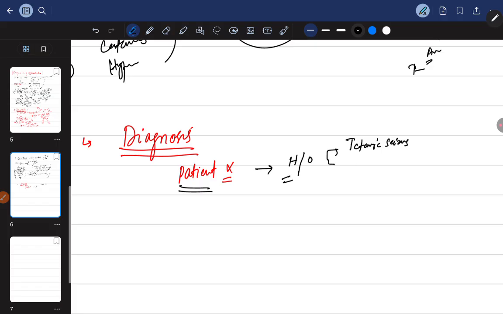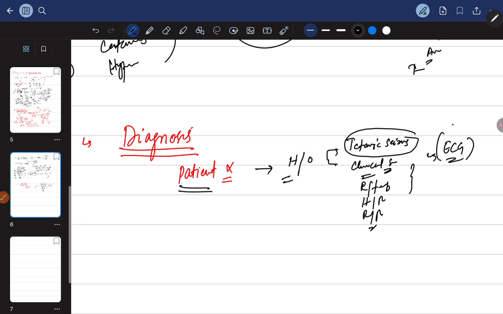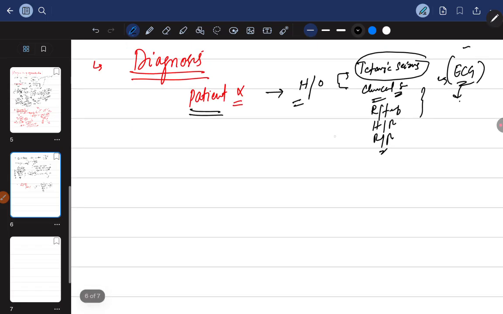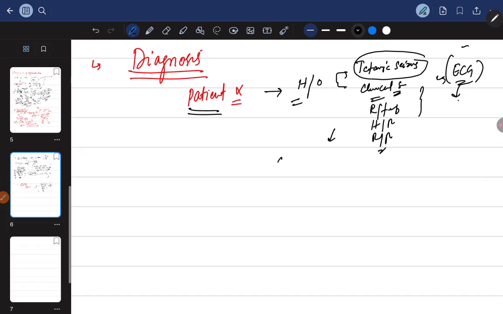And in other clinical examinations, you will thoroughly evaluate the animal: its temperature, heart rate, respiratory rate, and other things. If you are in an advanced clinic, go for ECG. After taking the history, you will obtain the serum calcium and phosphate.